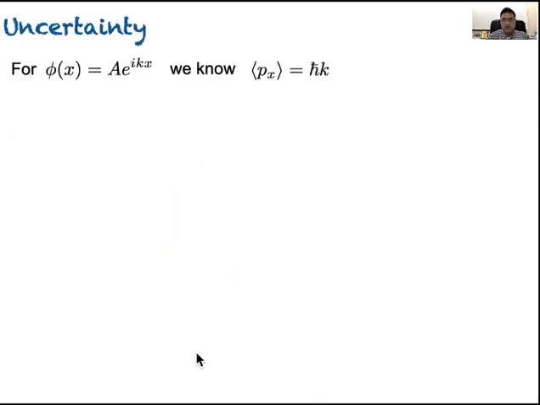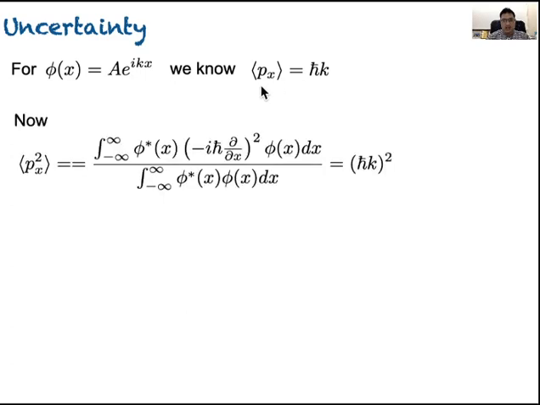Now we can estimate the uncertainty. We have estimated that the expectation value of px is h cross k. Now we can also estimate the expectation value of px square. We substitute the px square operator, do two or three steps of mathematics, and we see that the expectation value is h cross k whole square.